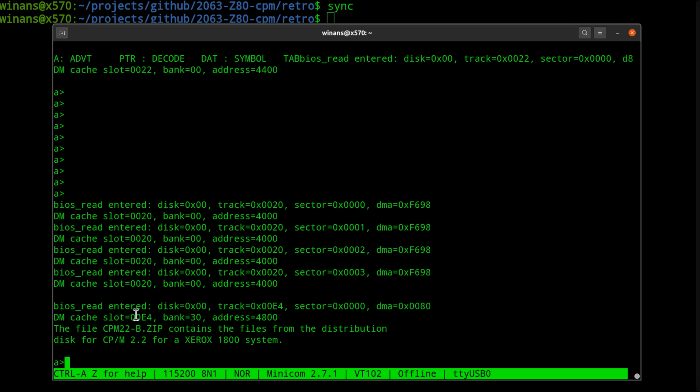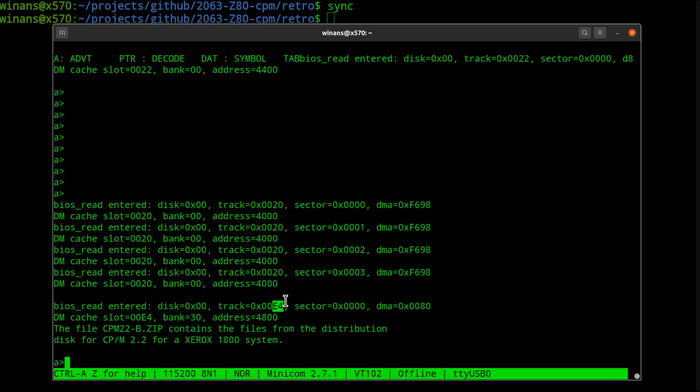So what do we do there? We know the slot's E4 because that's just throw away the top half of the track number. We'll have to get the track numbers over, FF before we know for sure that happened, but that's pretty trivial code. I'm pretty confident that that's okay. So what bank is it in? So we've now moved over to bank 30. Is 30 the right bank for E4?